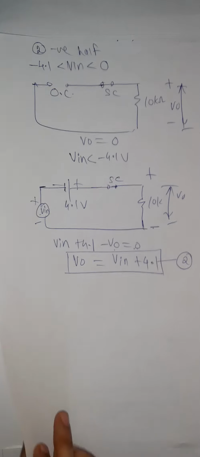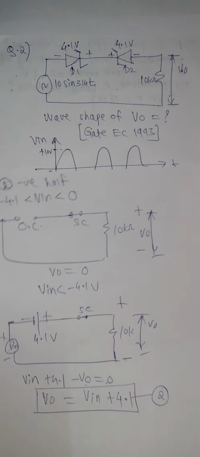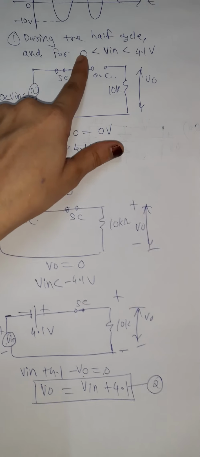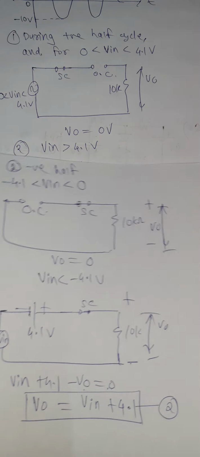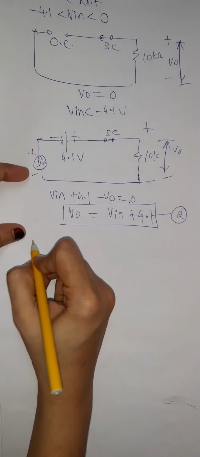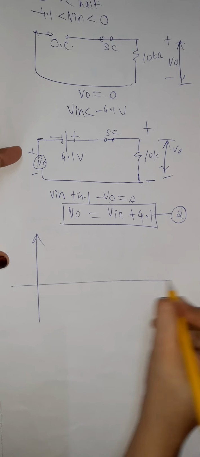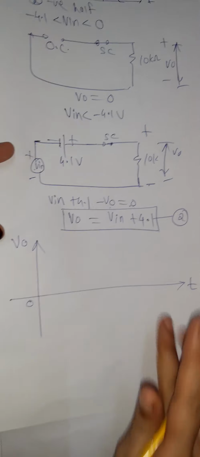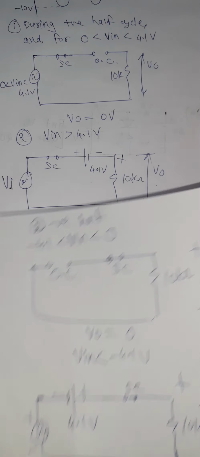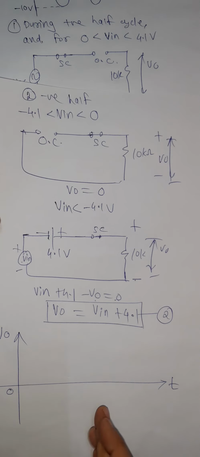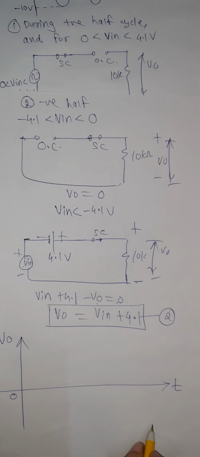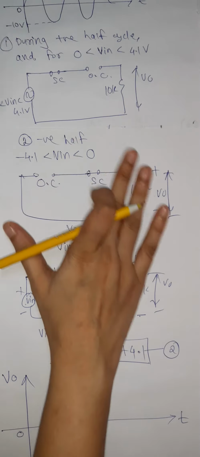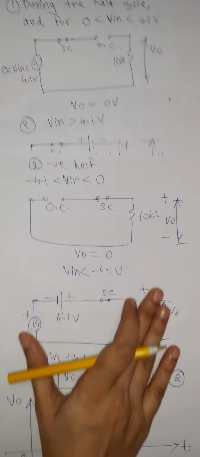Now to draw the full waveform of the output, we need all these values. Suppose this is V0, this is 0, this is T. For 0 less than V in less than 4.1 volt, the voltage V0 is 0.